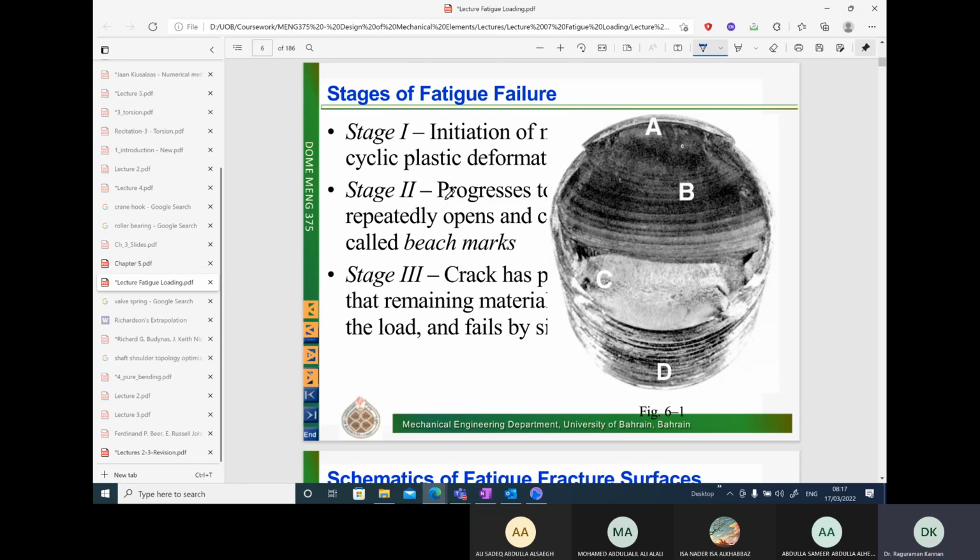So what happens in fatigue failure? There are approximately three stages in which the fatigue failure proceeds. Fatigue failure usually starts with stage 1, where you have initiation of cracks. For example, this is a shaft with some threads here. I think this is a bolt, a piece of bolt.